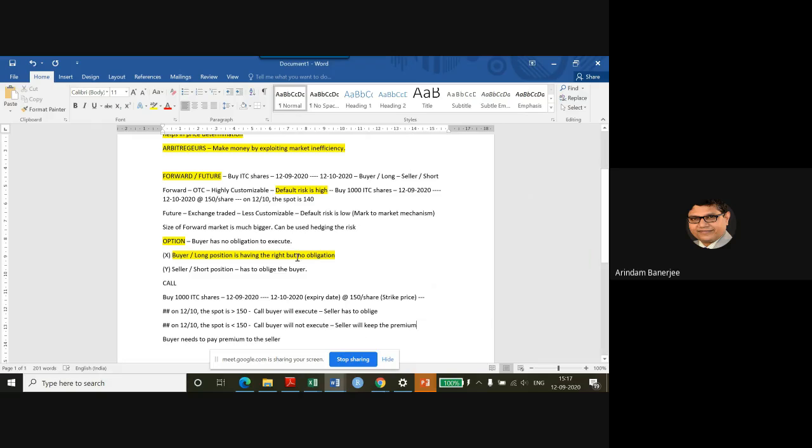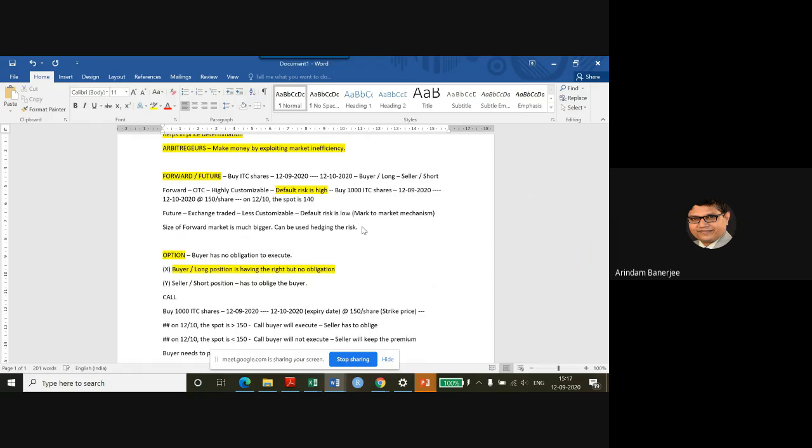For forwards and futures, there is no question of premium. No premium. Here, the only thing the buyer and seller both need to pay is the margin.